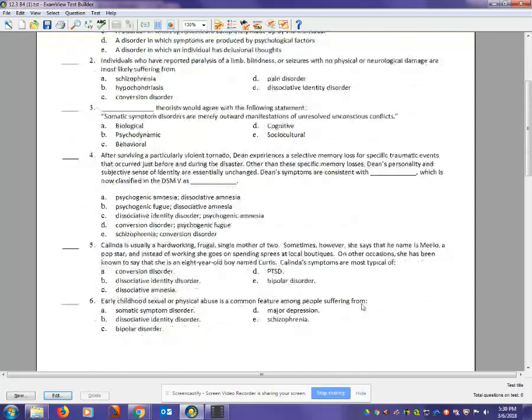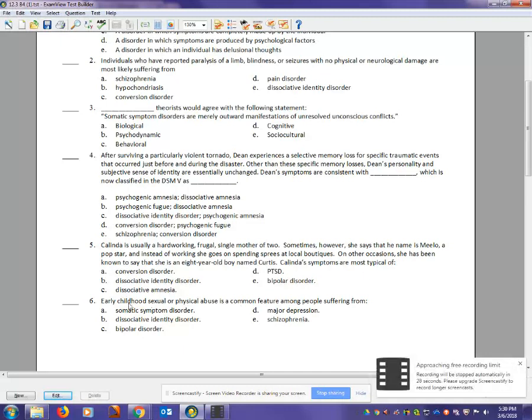What we read about in our textbook is that psychodynamic theorists, or psychoanalytic theorists, say that traumatic events are so thoroughly repressed that a split in consciousness occurs. This would be better if we said early childhood sexual or physical abuse is a common feature among people suffering from blank according to psychodynamic theorists. So according to psychodynamic theorists, the answer is dissociative identity disorder again.